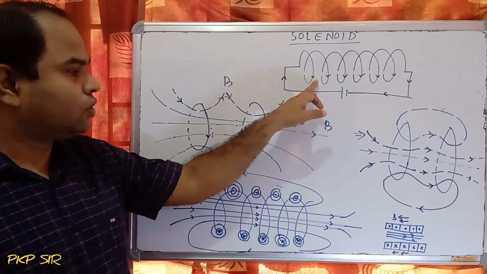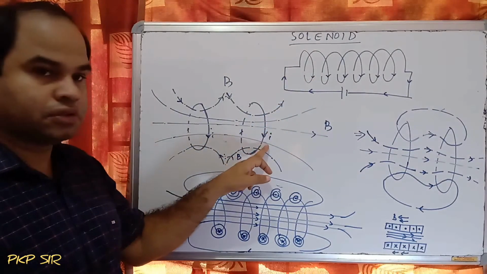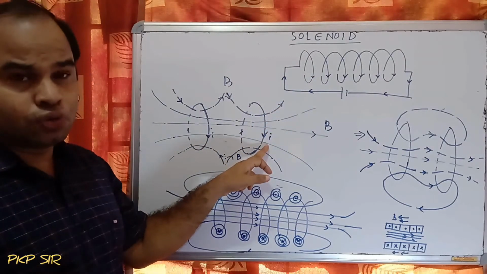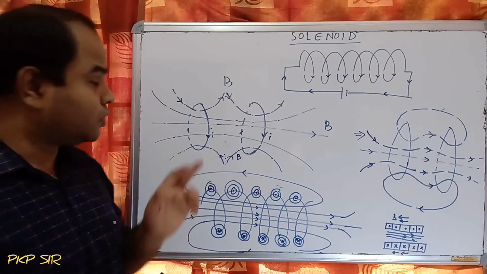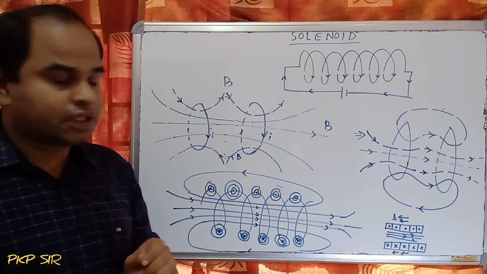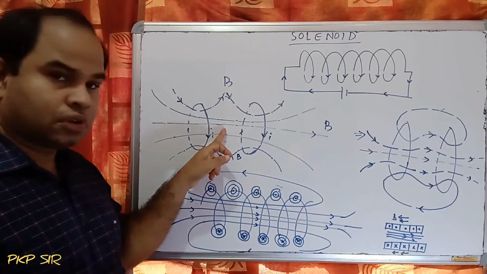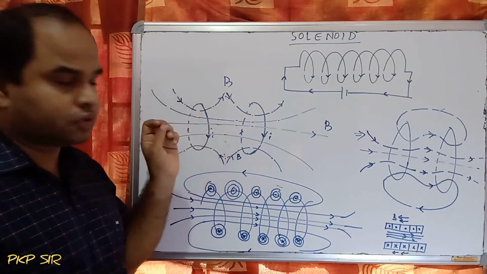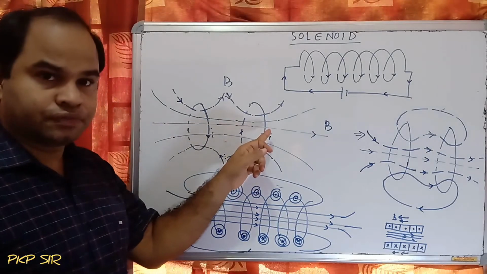Both are clockwise, the current in both is clockwise. If you look at the magnetic field produced by the two circular current carrying conductors, we see that at the central portion or the middle portion or inner portion the magnetic field is straight.